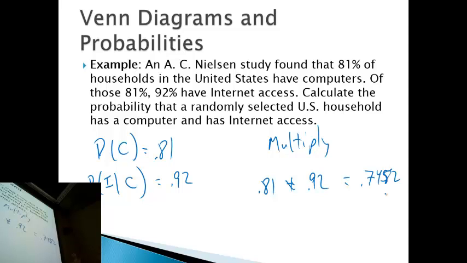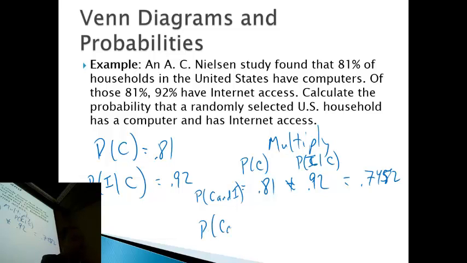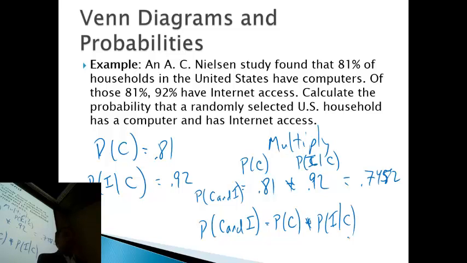Now, here's where the voodoo comes in. This guy is the probability of C. This guy is the probability of I given C. And then we're asking for the chance of C and I. So in voodoo, you have a new formula that comes out of this.